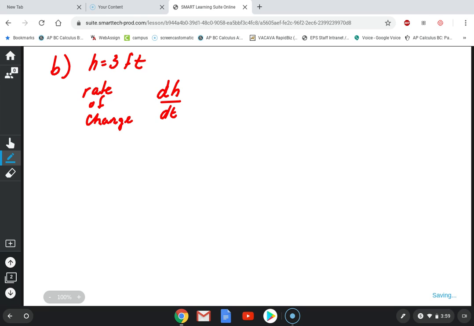On to part B. Part B asks, when the height of the water is 3 feet, is the rate of change of the height of the water increasing or decreasing? So we want the rate of change of the height of the water, which again is dH/dt.